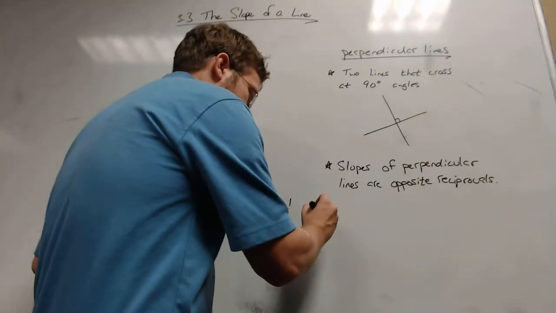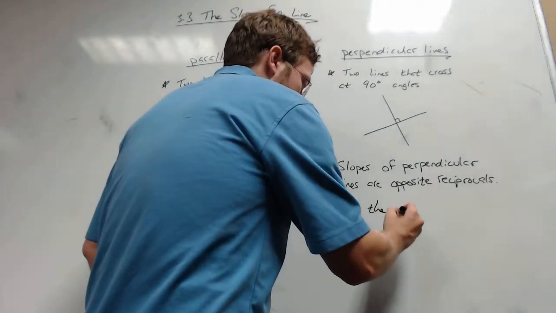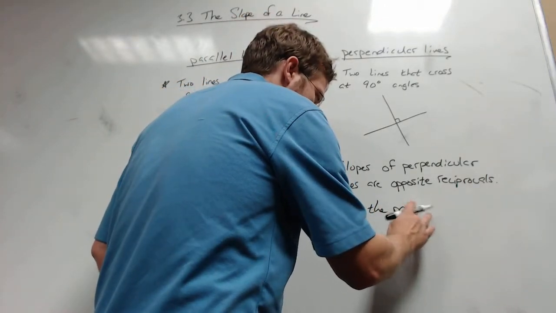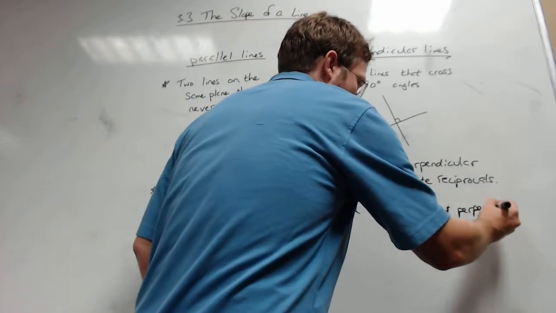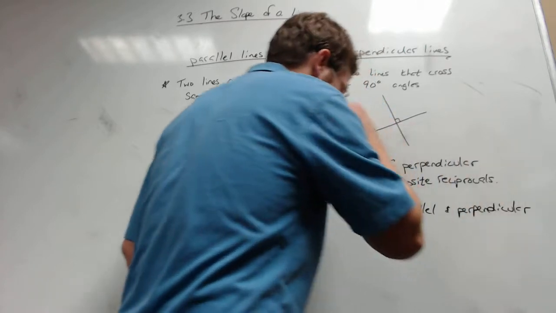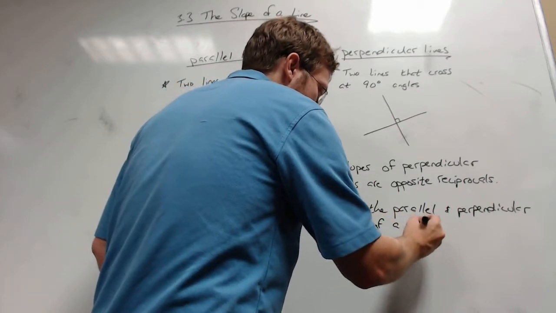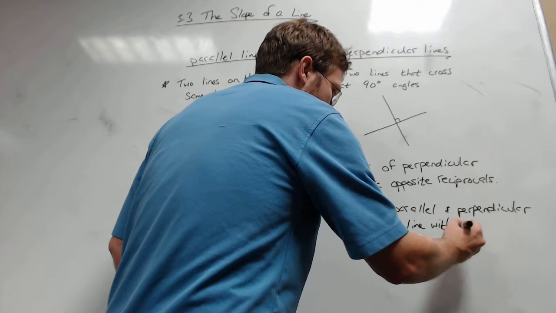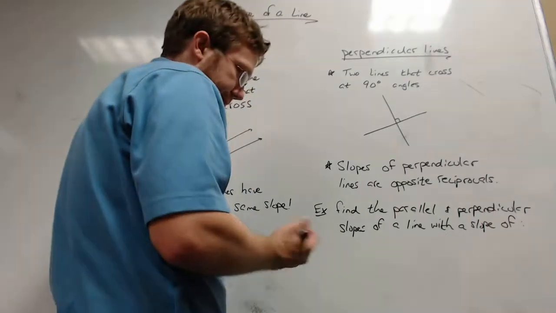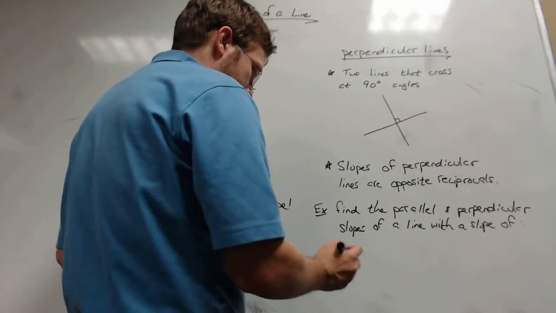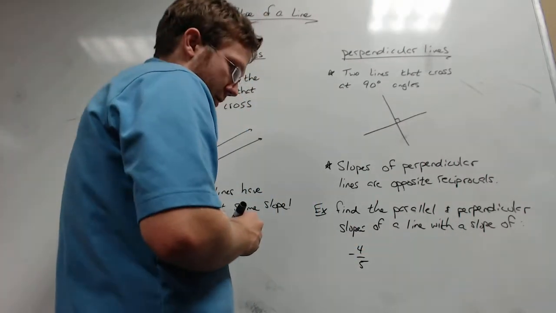So for example, find the parallel and perpendicular slopes of a line with a slope of, let's say, -4/5.